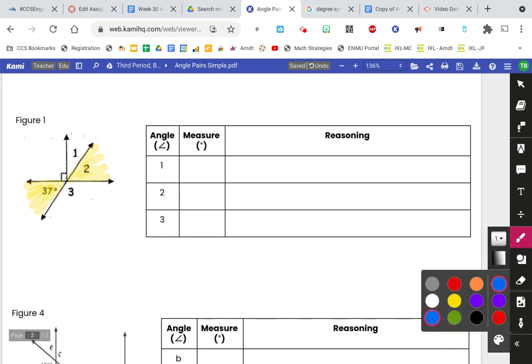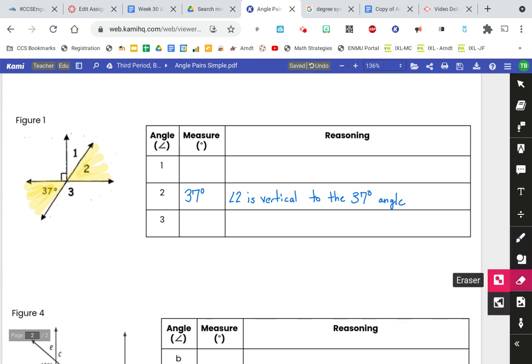So I can put the measure of angle 2 as 37 degrees. And my reasoning is that angle 2 is vertical to the 37-degree angle. Okay, so I found one angle already.